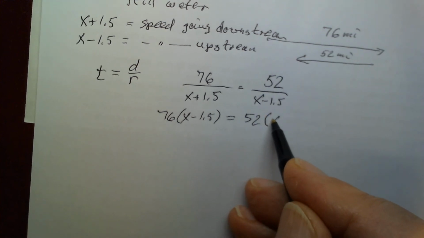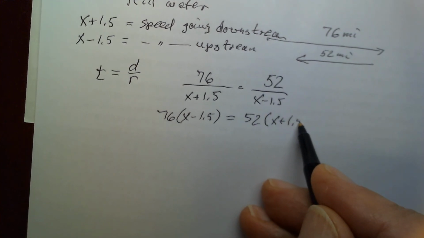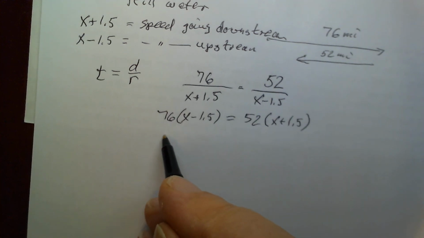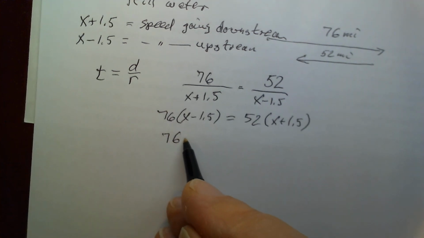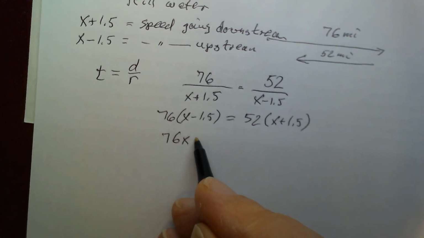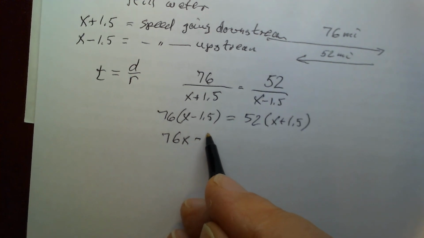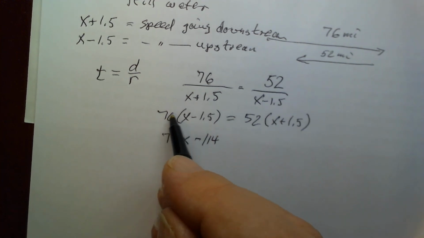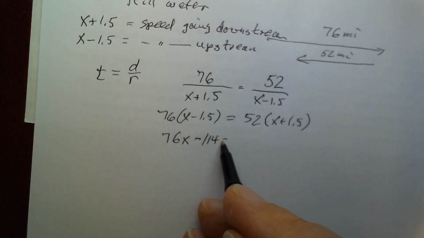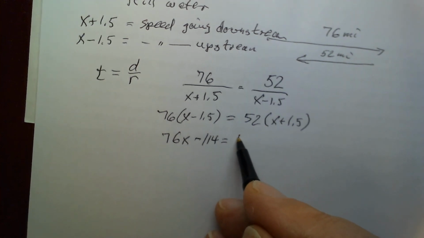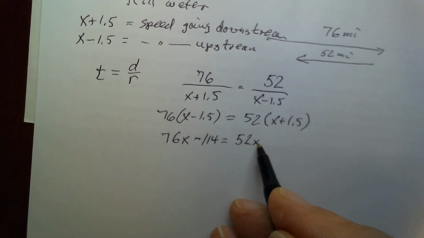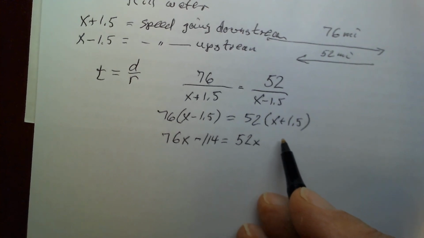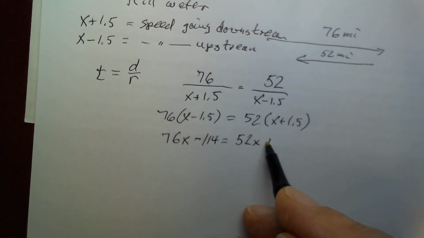times x plus 1.5. That's 76x minus 114, 76 times 1.5. And on the right side we have 52x plus 52 times 1.5 is 78.